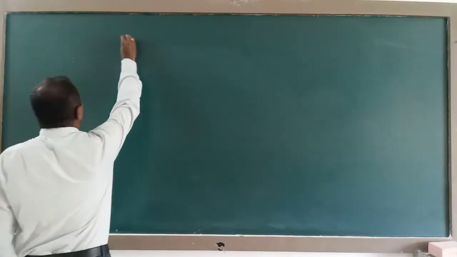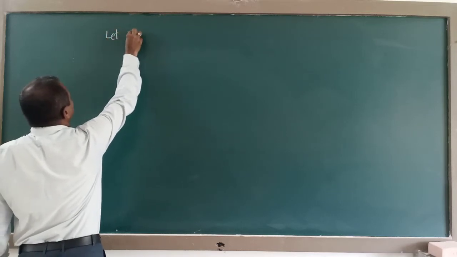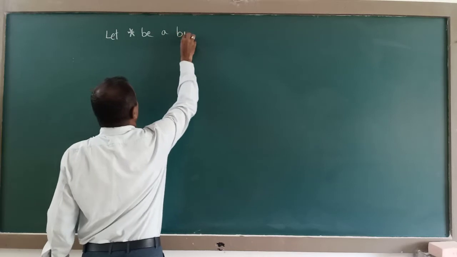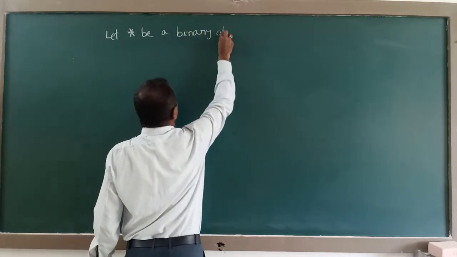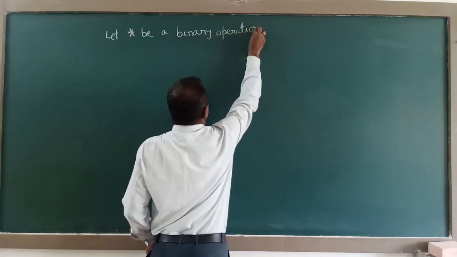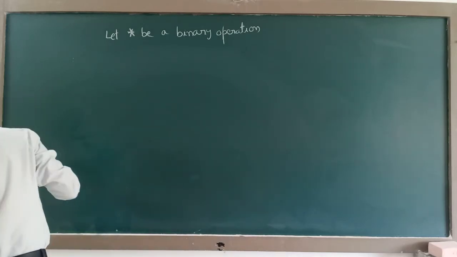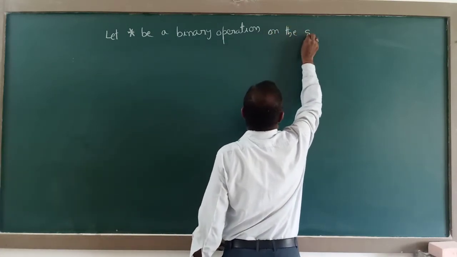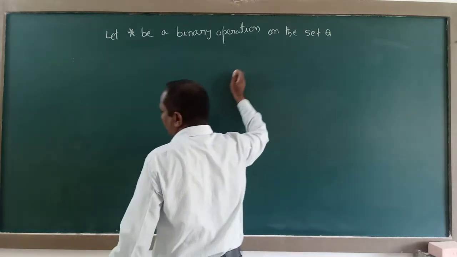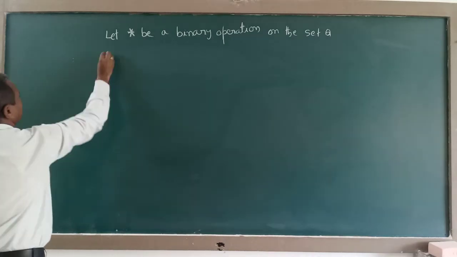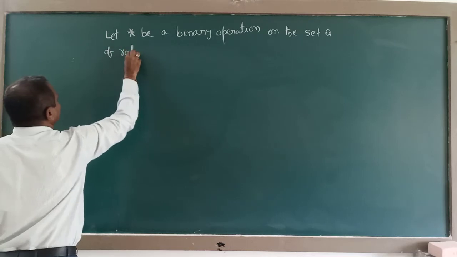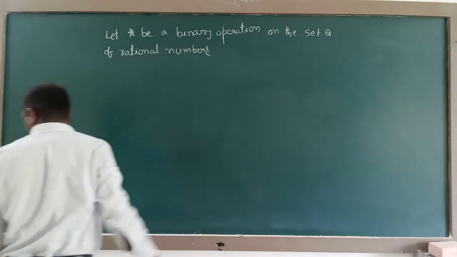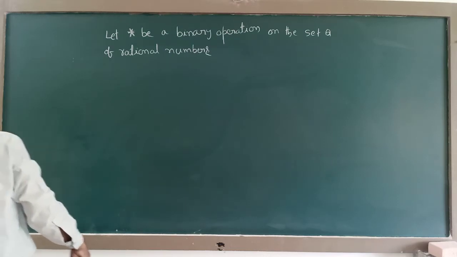The first question is: let star be the binary operation on the set Q. Here Q means the set of all rational numbers.